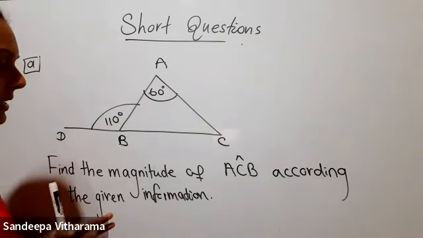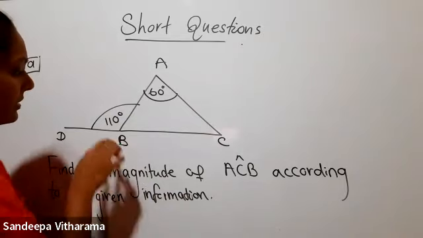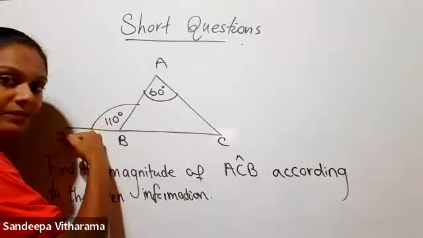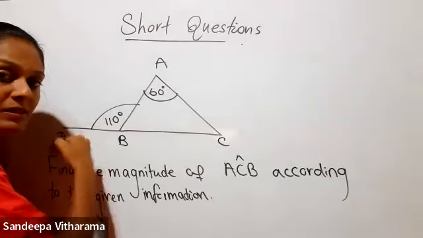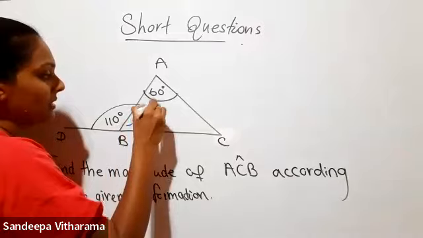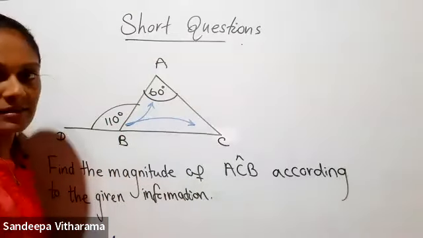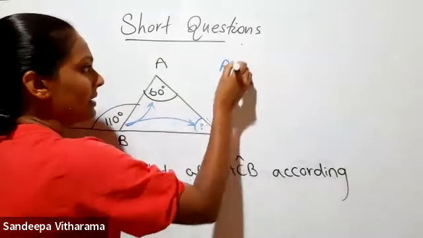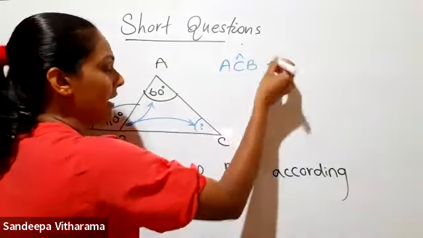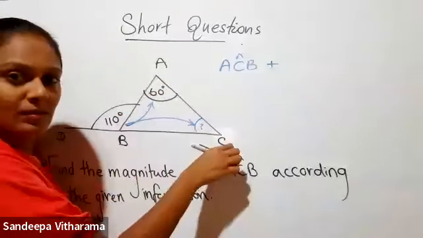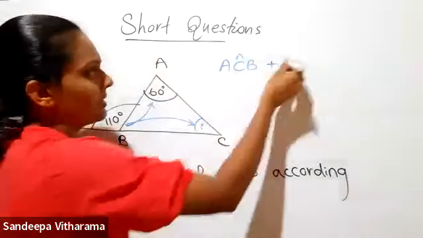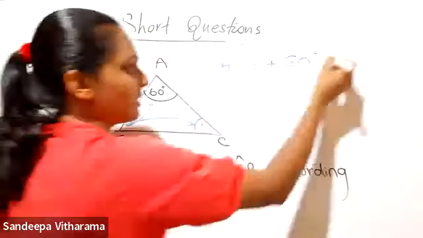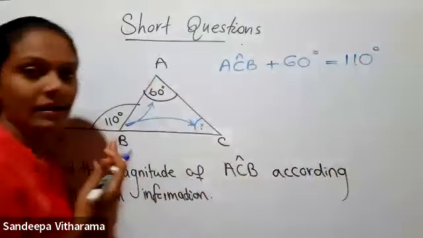Now you know that the exterior angle which is formed by producing one side of a triangle is equal to the sum of the interior opposite angles. Okay, then this is the ACB. Then you can write ACB angle plus BAC. Actually, no need to write BAC because now we know this is 60, equal to what? 110. This is enough.